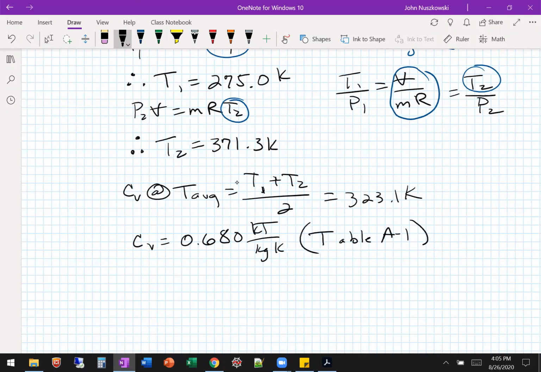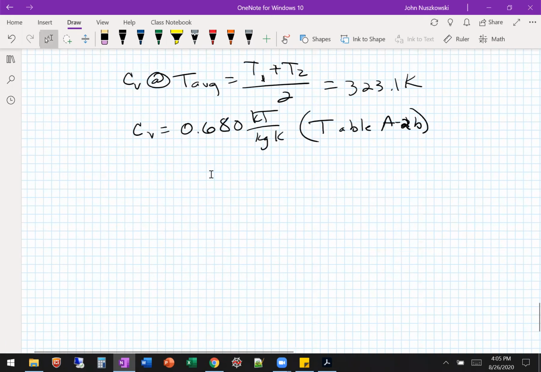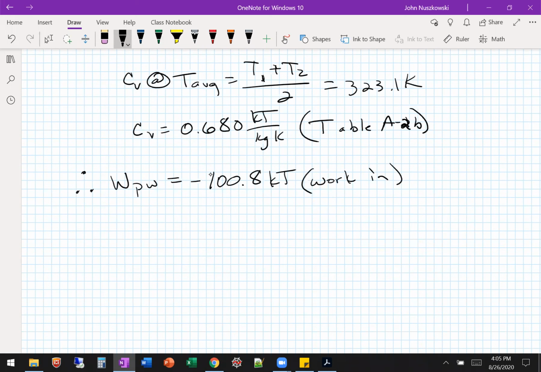So now we can solve, right? We get negative 100.8 kilojoules, which is work done for the paddle wheel work, okay.